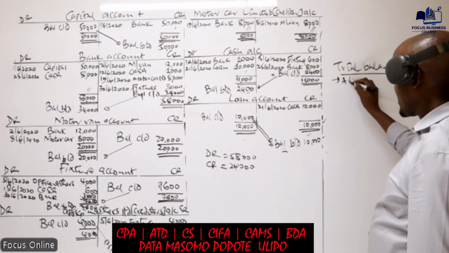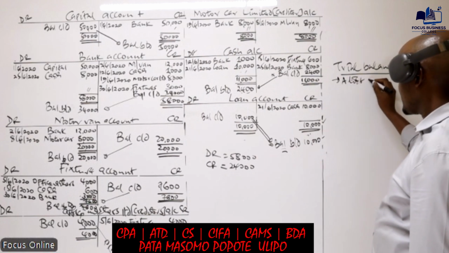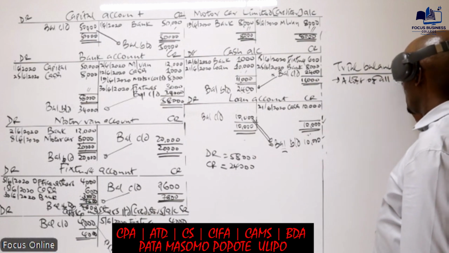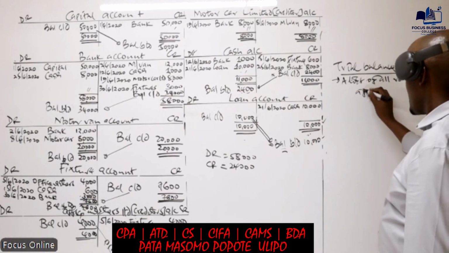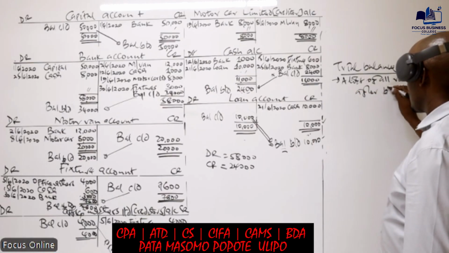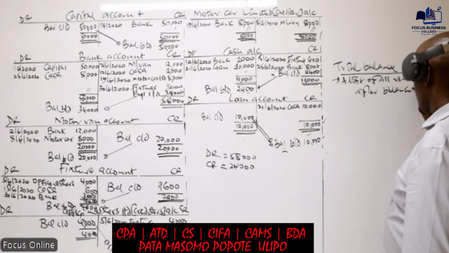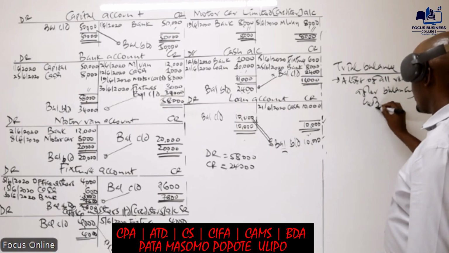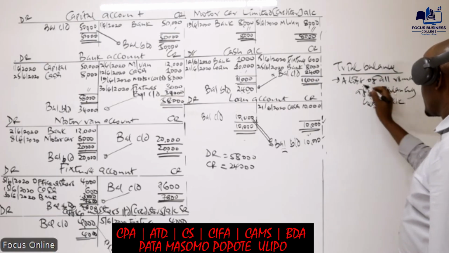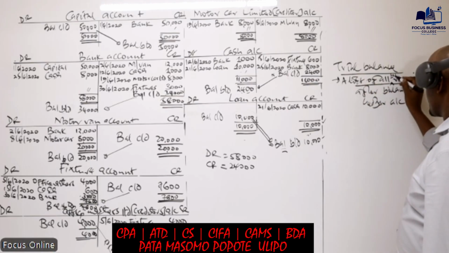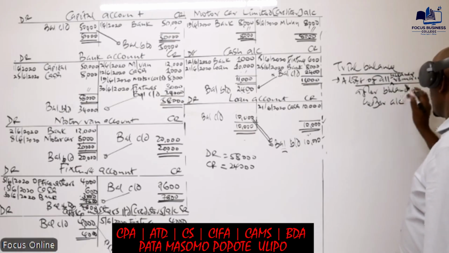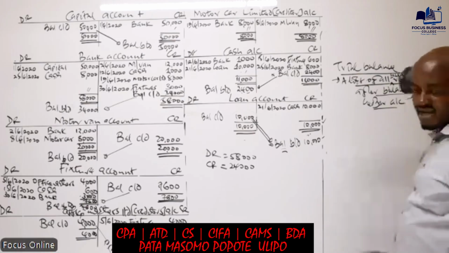In very simple terms, a trial balance is a list of all remaining balances after balancing the ledger accounts.